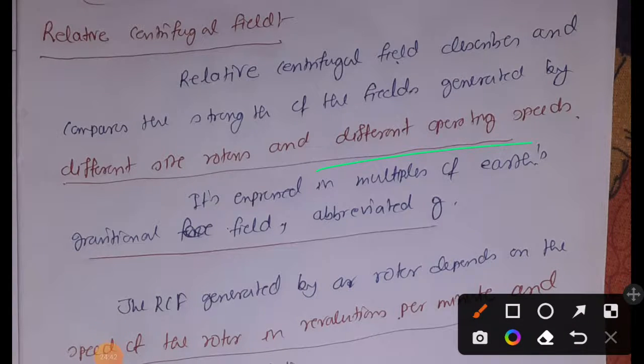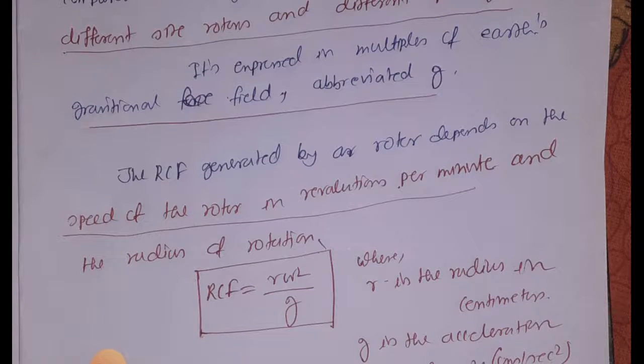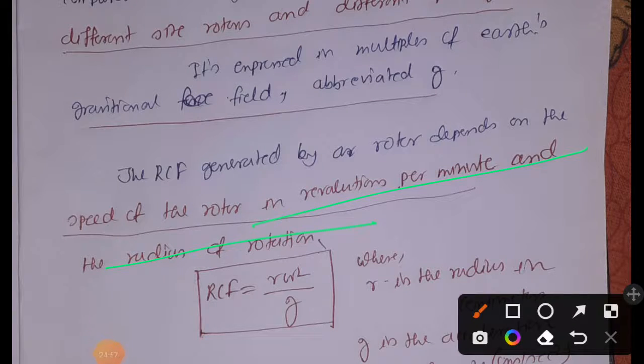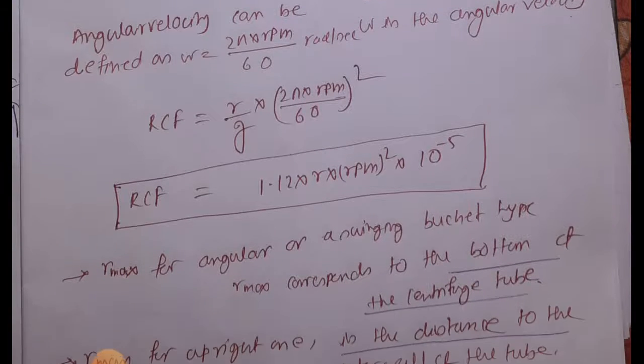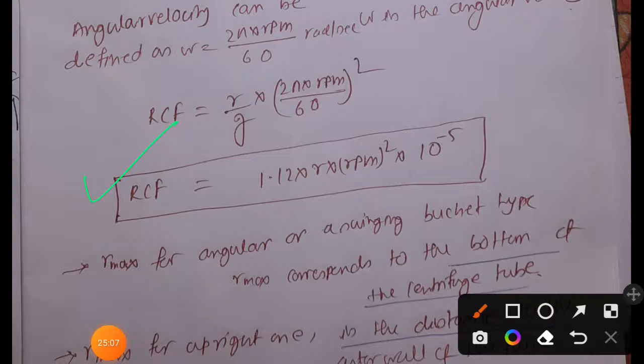It is expressed in multiples of g. The RCF generated by the rotor depends on the speed, in rad per second, and the radius of the rotation. RCF is equal to r omega square by g. We derived this formula by putting omega equal to 2 pi rpm by 60 in rad per second unit.